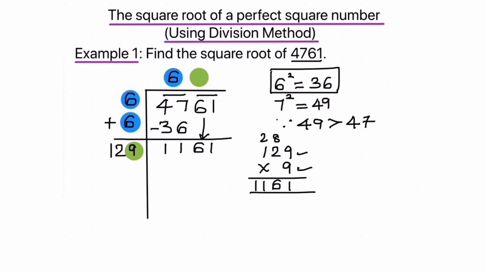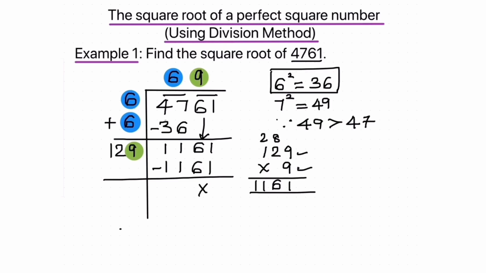So our new divisor is 129 and the same digit we'll write even in the quotient. And the product we will write here below the dividend and subtract. The remainder is 0. Since we don't have any other pair of digits to bring down, we can stop here.